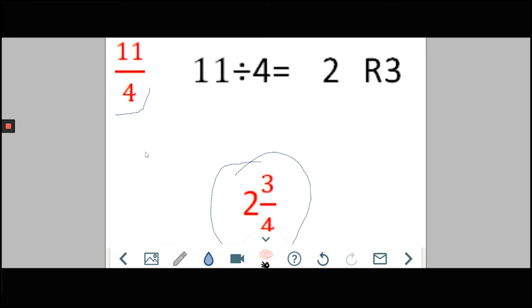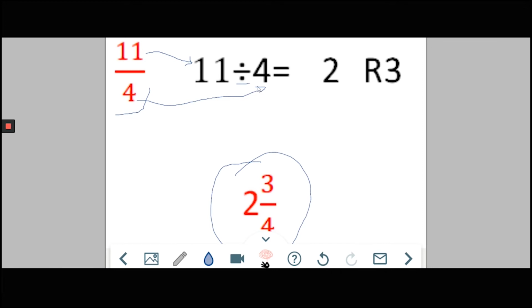We're going to take our numerator and put that first in our division question. So we're going to say 11 divided by our denominator, so 4.